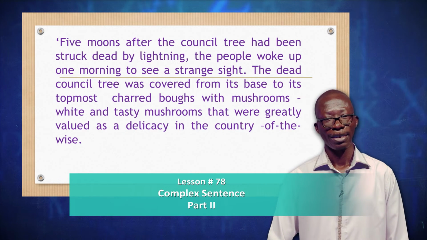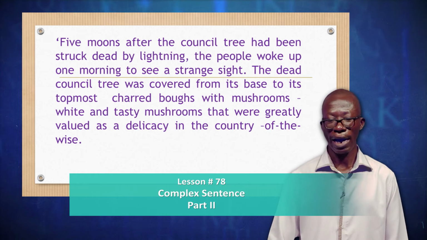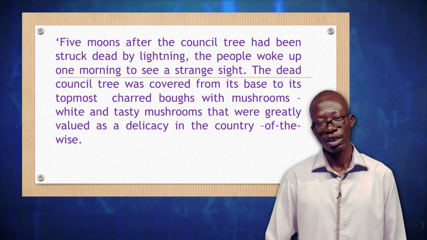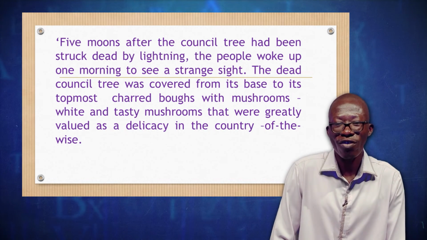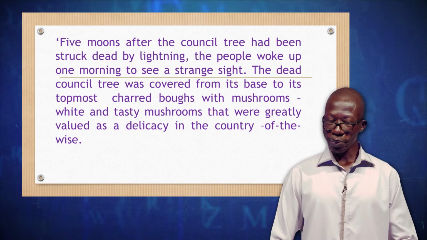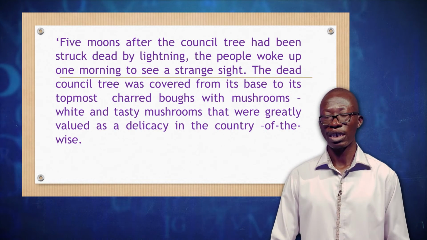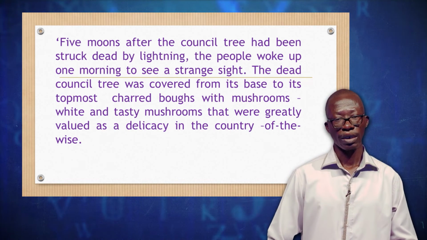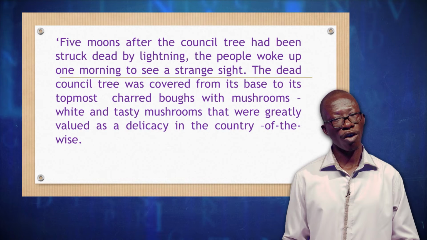Remember, besides when and while that we introduced as subordinators, we have other forms of subordinators. You'll be able to identify a subordinator when you have two clauses, one dependent on the other.